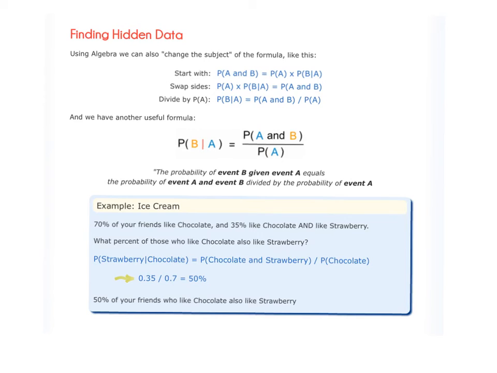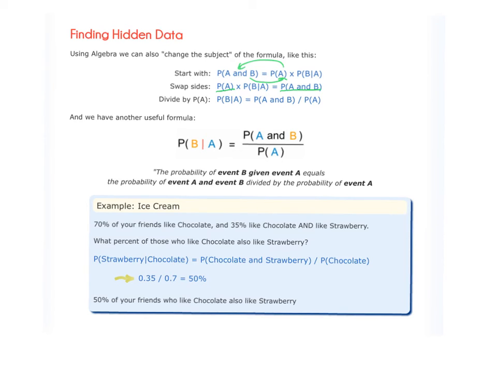I do like it. So we take what we learned just now, which is probability of A and B equals probability of A times probability of B given A. We swap the sides. Left goes to this side, and right goes to the other. We get to the second step, and then from the second step here, we divide P of A on both sides.